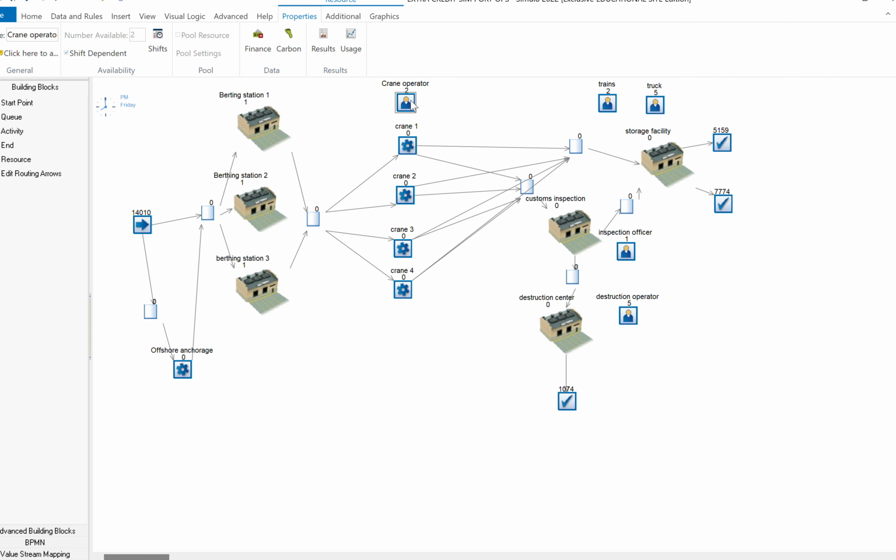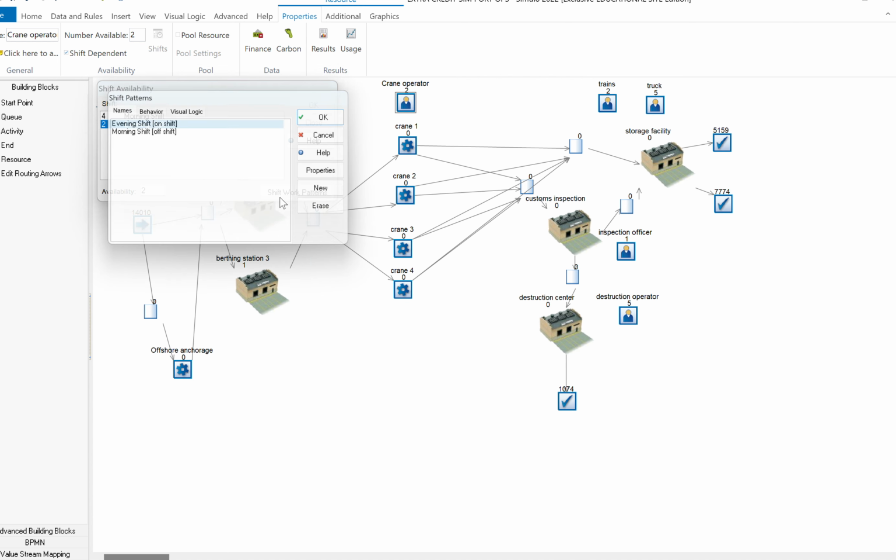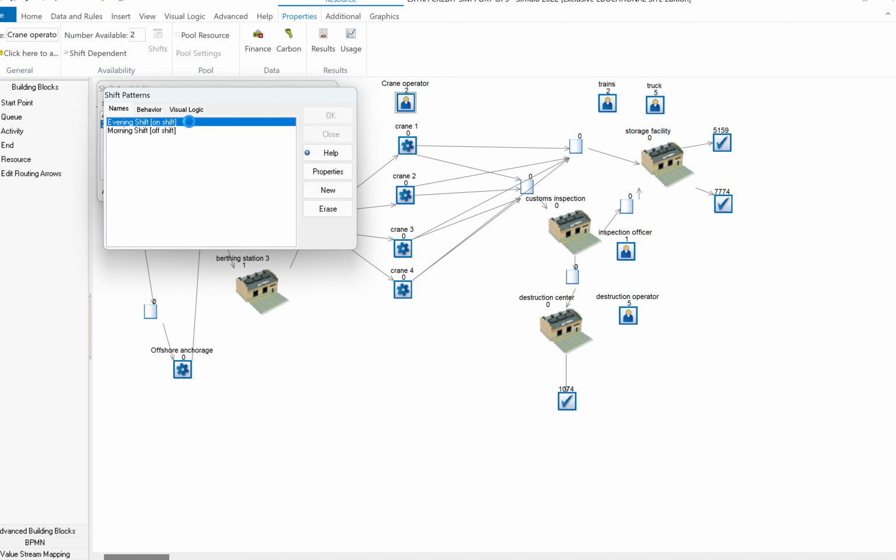If you look here where it says crane operator, it's shift dependent. If we click on shift dependency, you can see that the availability is 4 for the morning and 2 for the evening, and the shift work patterns are right here.